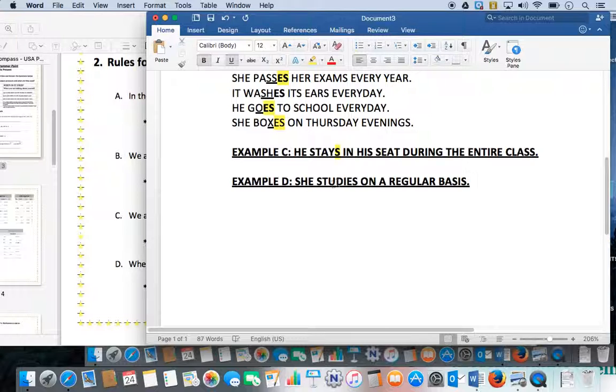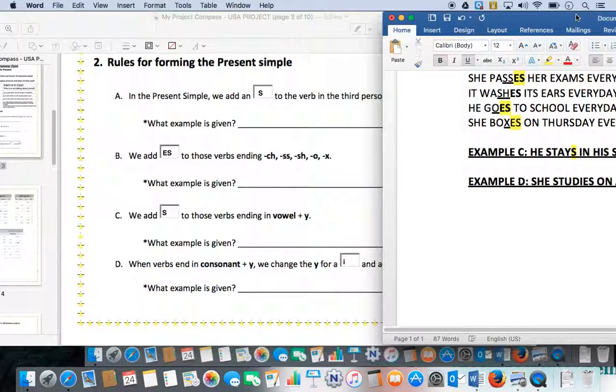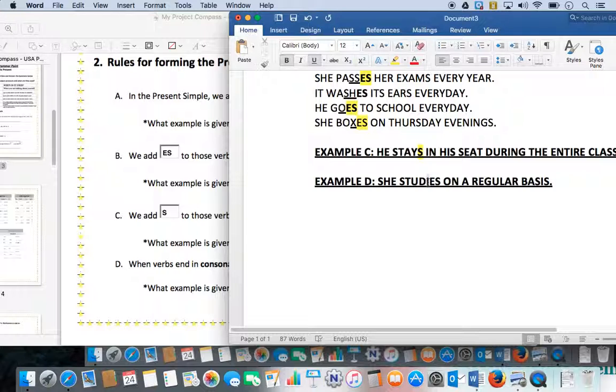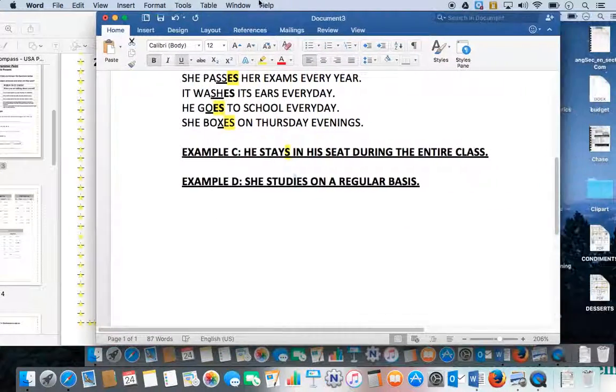Now, here the verb is normally studies. So normally the verb, the infinitive, would be STUDY. But in this case, like we said in the rules here, okay, you're going to change the Y for an I, which we did here, okay? And then you're going to add an ES.